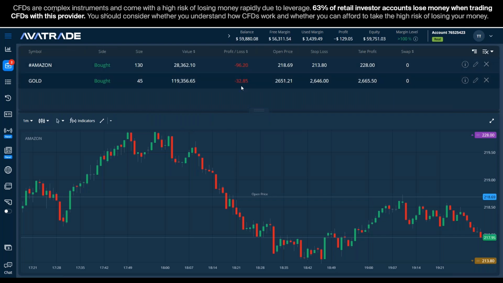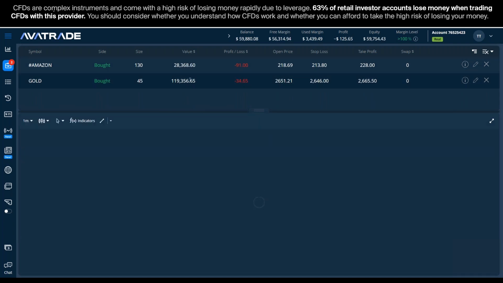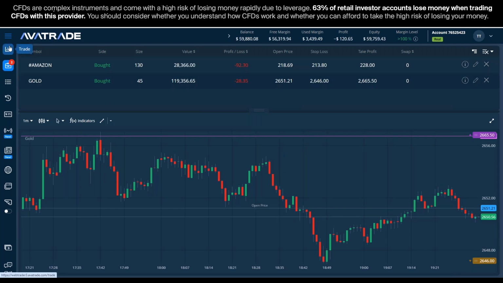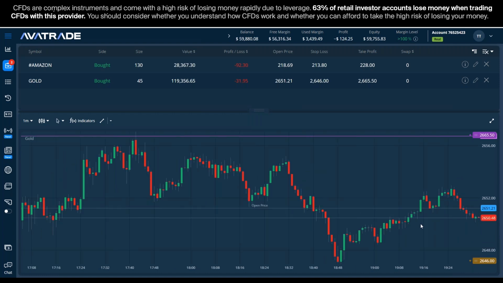These are on a pullback, by the way. So this pullback, let's say on gold, I'll show you an example now of the advantage of doing partial closes. This pullback on gold now gives me the opportunity to re-enter the parts that I closed in profit, to re-enter those from a better price back into that initial trade size. Okay, so if I wanted to go to gold and do a buy, I certainly could do that at any time that I wanted.